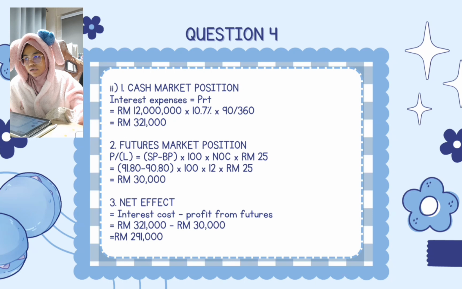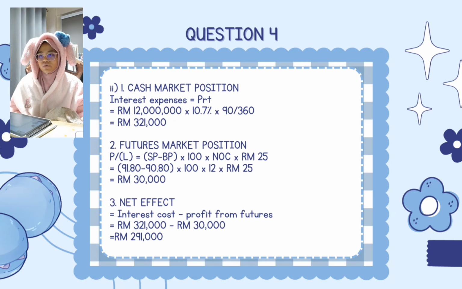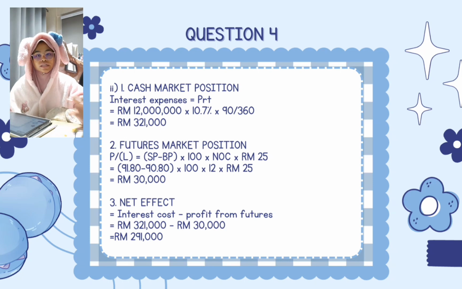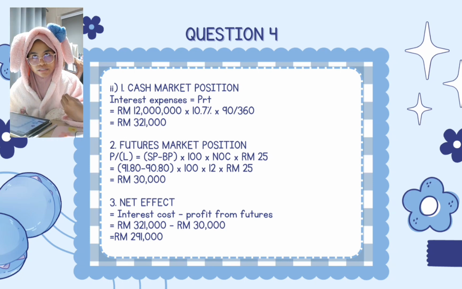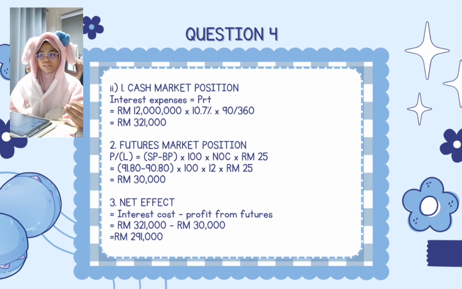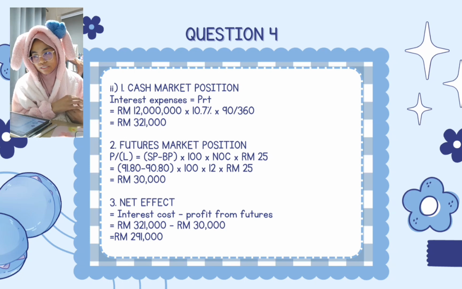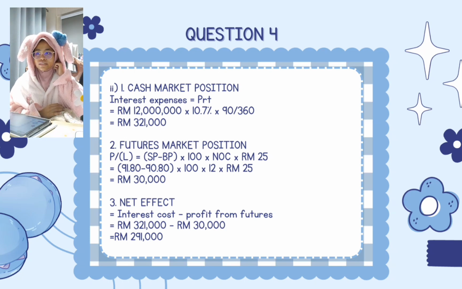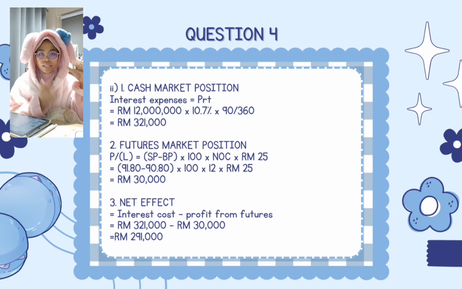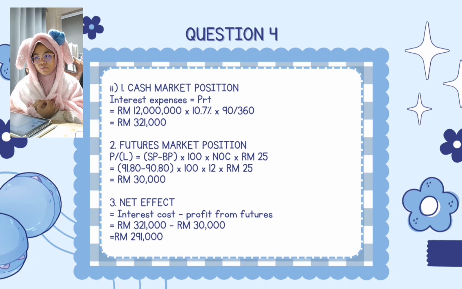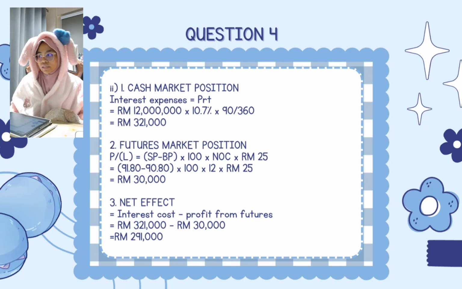So 91.8 minus 90.8 times 100 times 12 times 25 ringgit, you will get the answer of 30,000 ringgit. Next, calculate the net effect, which equals interest cost minus profit from futures. So the interest cost is 321,000 ringgit minus 30,000 ringgit, which is equal to 291,000 ringgit.